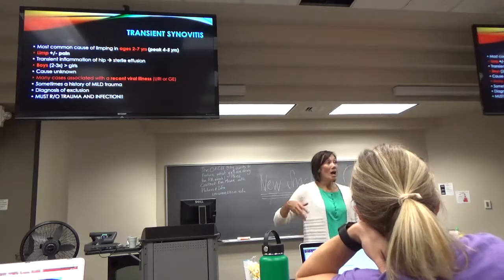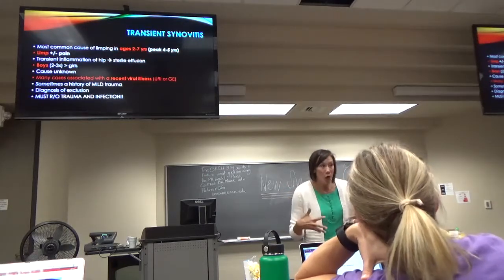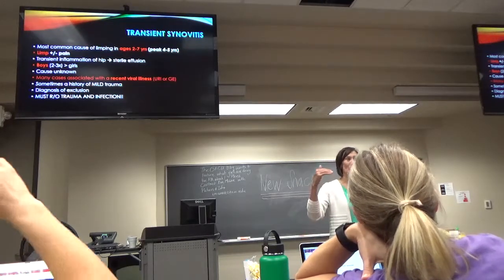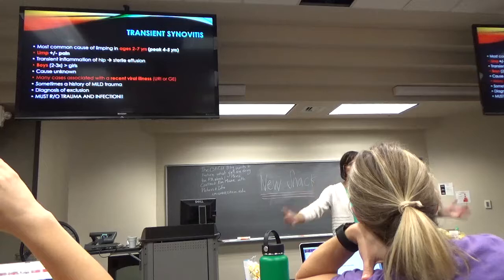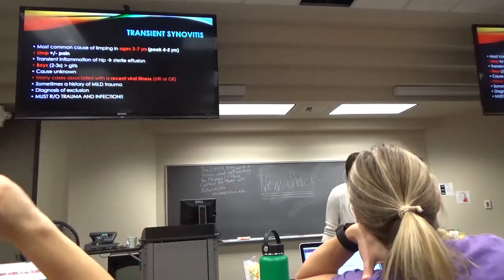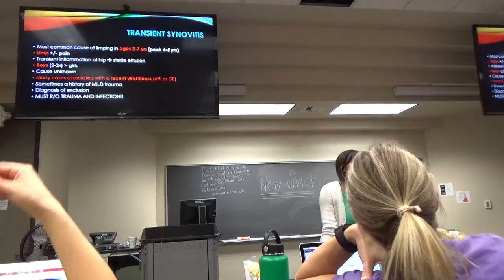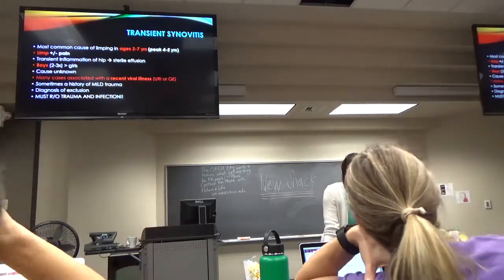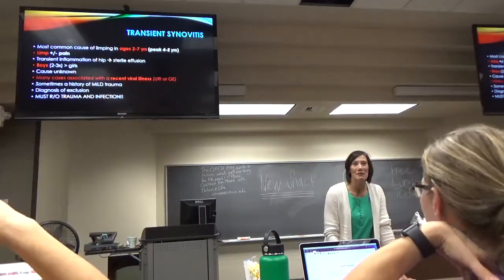There may or may not be a history of trauma. I don't like using that, because if you ask a mom, have they tripped, have they fallen, have they hurt themselves, of course they have. They're 4- and 5-year-olds, usually male, so the history is probably going to be positive for some mild trauma.